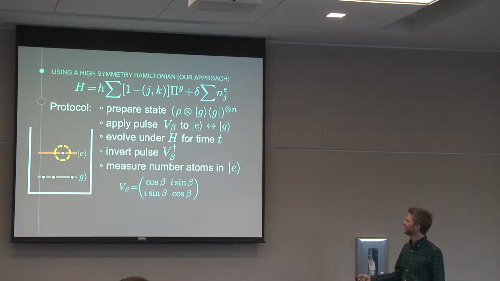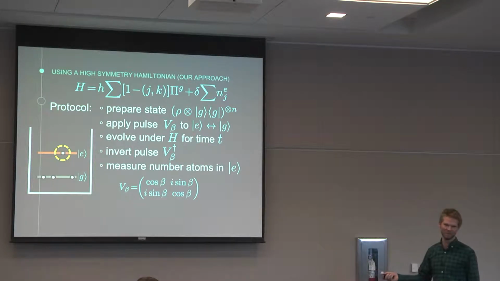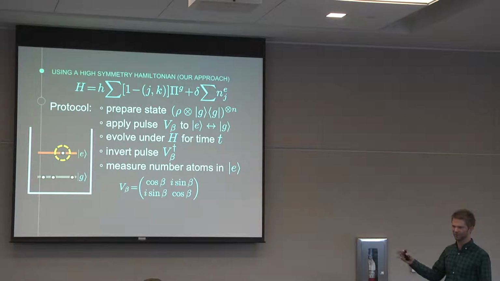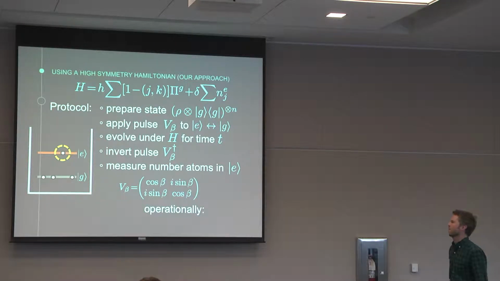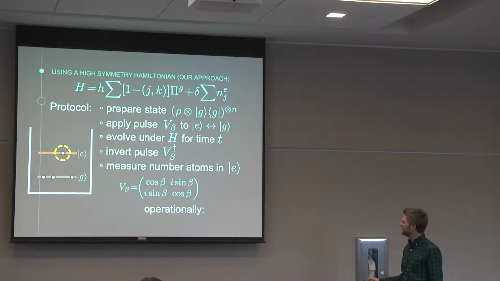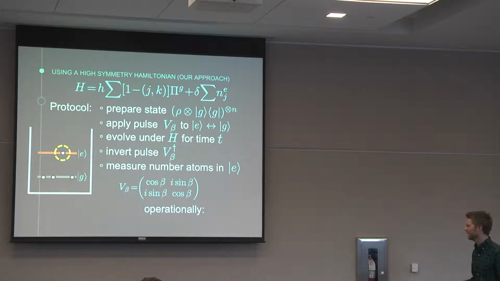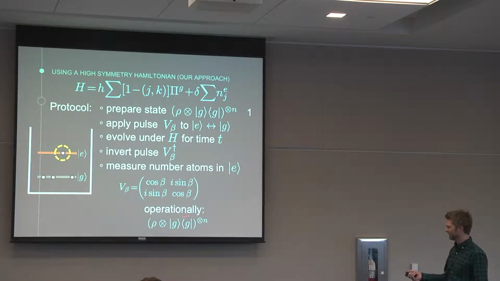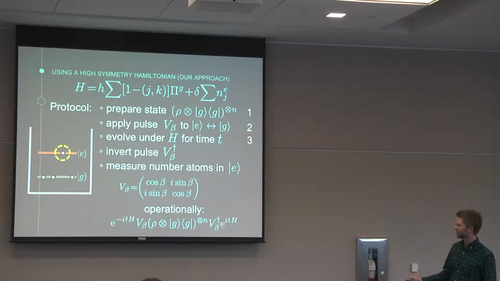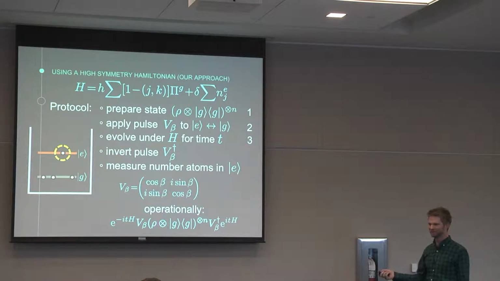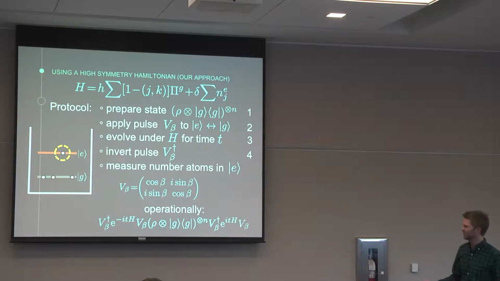So that's really our signal that we would measure, is how many atoms are still left in E. And that's what picks up some information from the Hamiltonian. So just to repeat what I just said, but slightly more mathematically. You start with the initial state, n copies of rho. You apply the pulse. You let the Hamiltonian evolve the system. You invert the pulse, and then you measure.